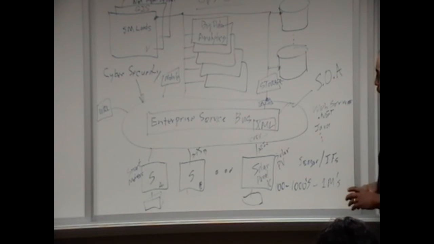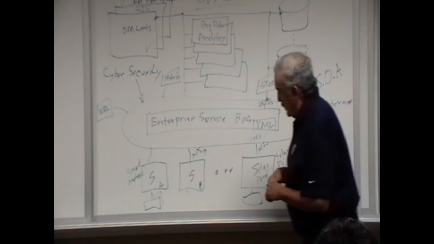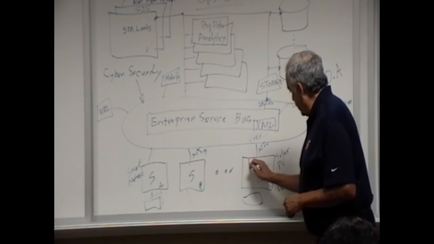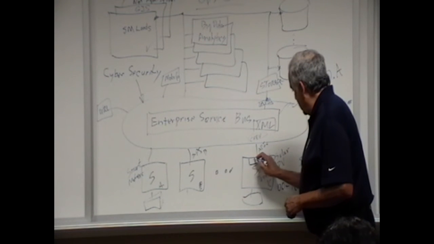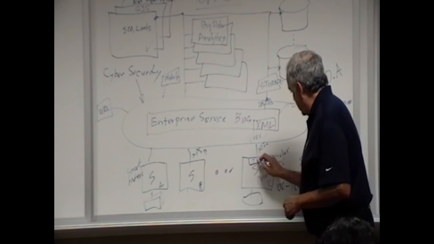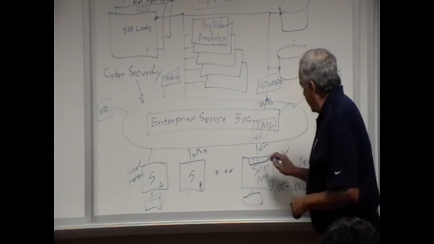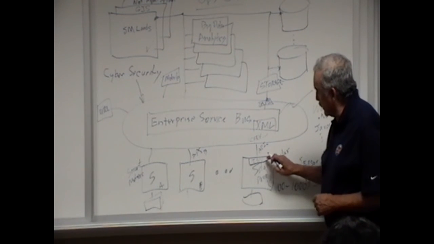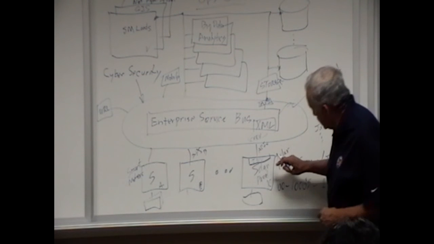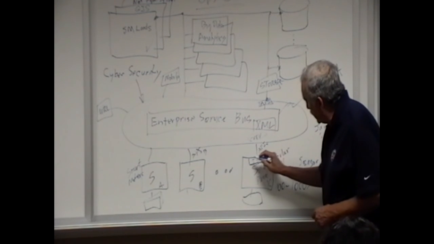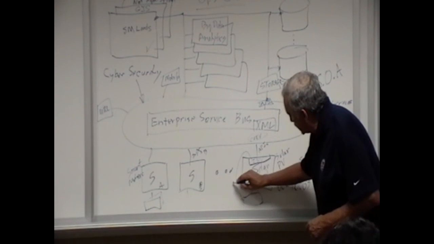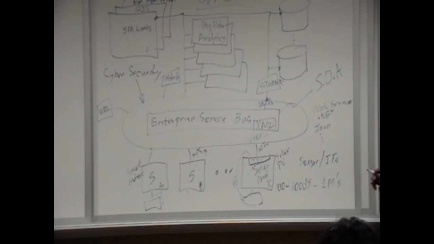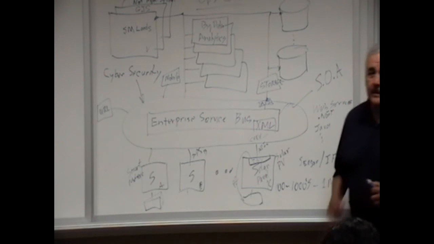For instance, this solar panel has what's called an inverter. The inverter takes DC energy from the solar panels and converts it into AC. And it transfers the AC energy to the building, or to the electrical power. That inverter has an IP address.